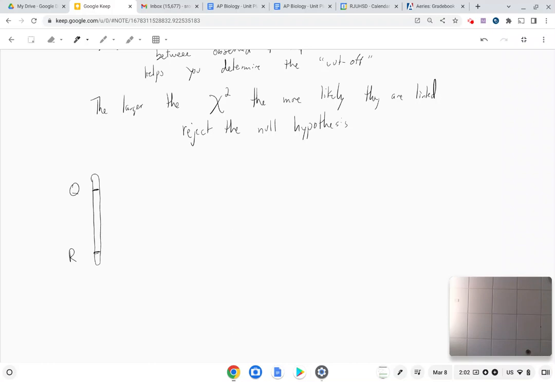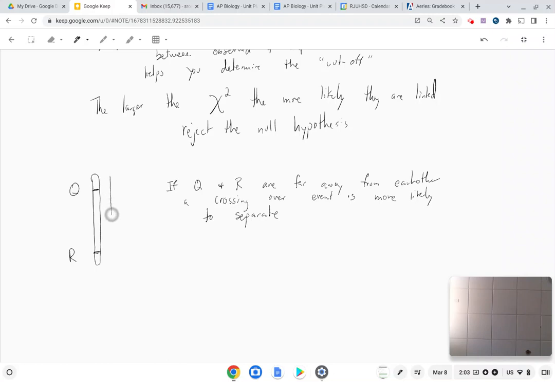So what we say is that if Q and R are far away from each other, a crossing over event is more likely to separate them. So let's show you, okay?